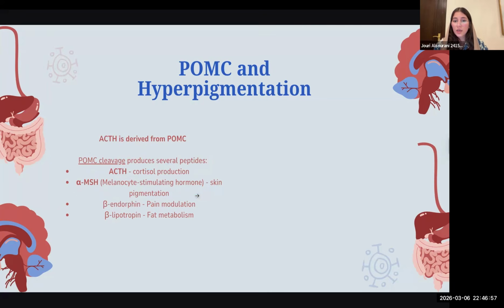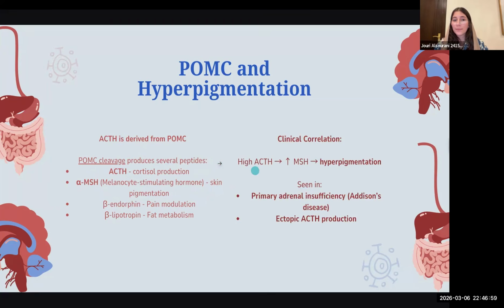Why is this important? Because let's say we have some sort of pathology that leads us to have very high ACTH. Since ACTH and MSH both come from POMC when it is cleaved, when we have high ACTH, we're going to have high MSH. So we're going to have hyperpigmentation. And we can see this in diseases related to ACTH.